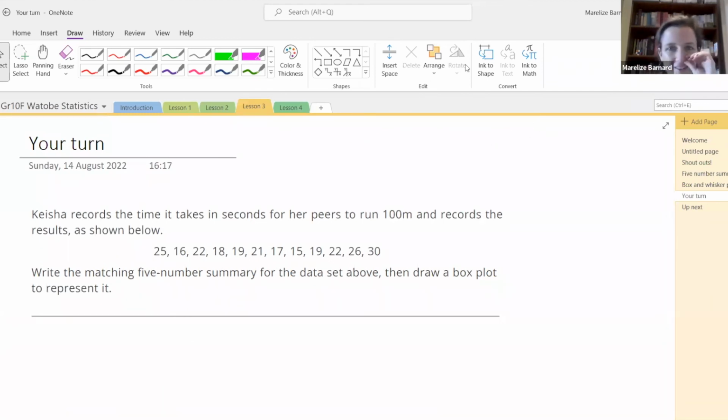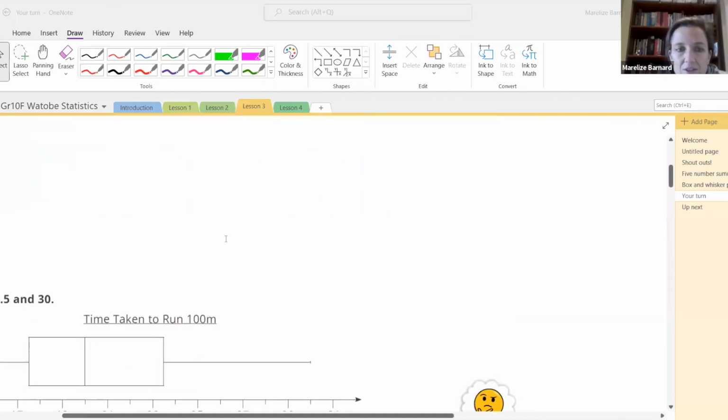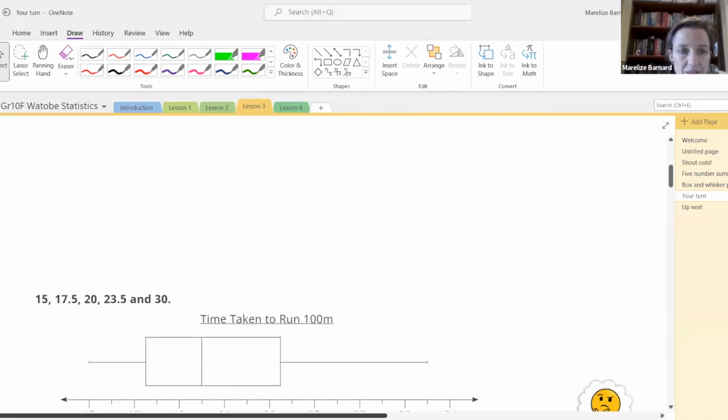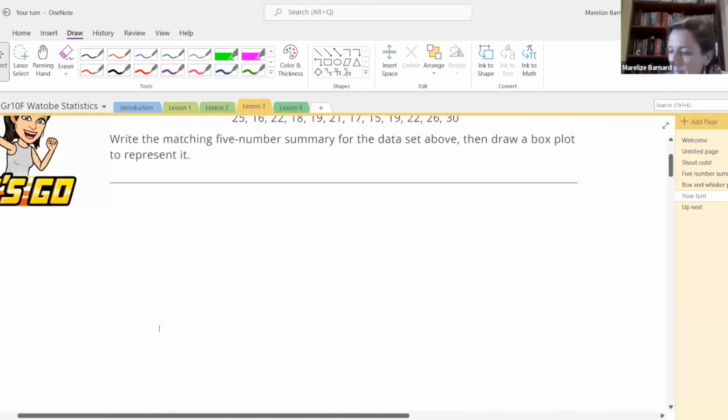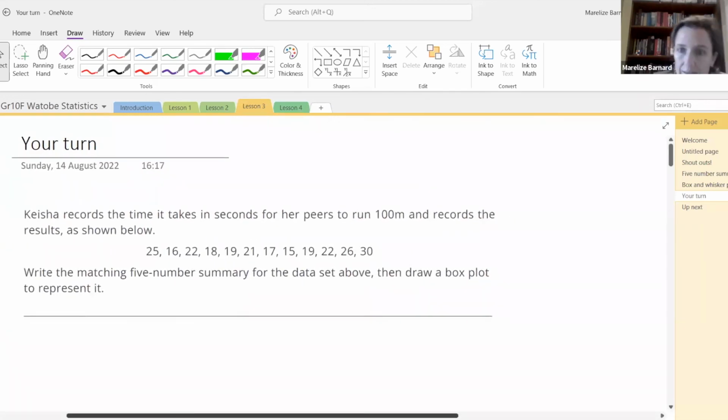Gone. Is in the chat. Okay, so here we have actually an even number of data values.